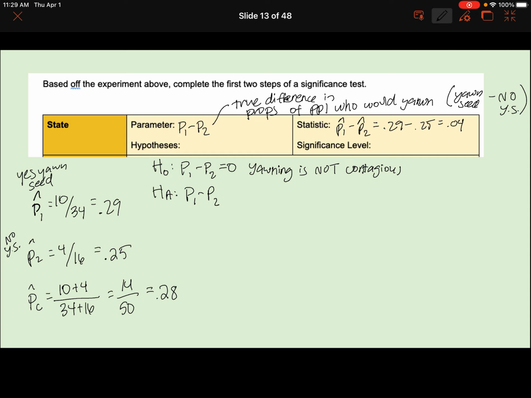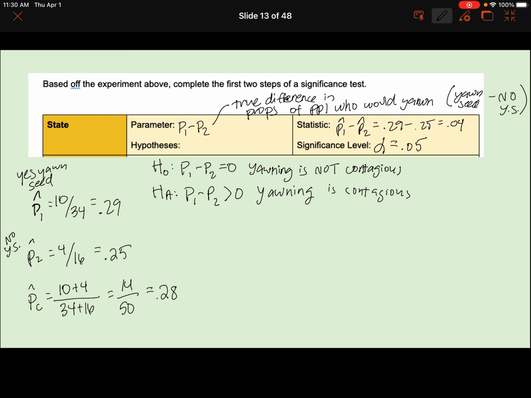Here, that would be that p1 minus p2 is greater than 0. If that's the case, that would show us that yawning is contagious. And then our significance level, it doesn't tell us, but whenever it doesn't say, just go with 0.05. That's definitely the most common significance level. We can assume that's the significance level we're going with, even if it doesn't tell you.